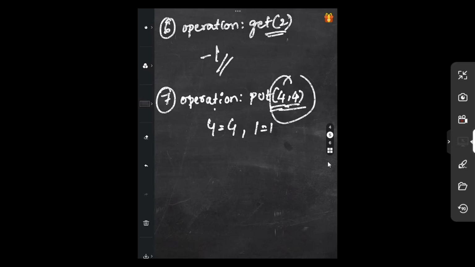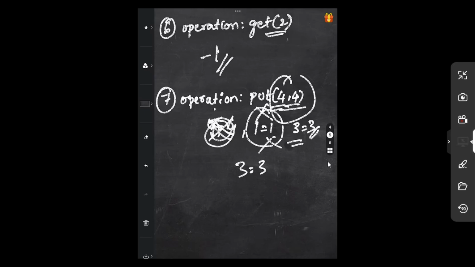So we evict the least recently used key, nothing but 1. We will be removing this one. Cache after eviction will be 3 equals 3, so cache after eviction it will be 3 comma 3.